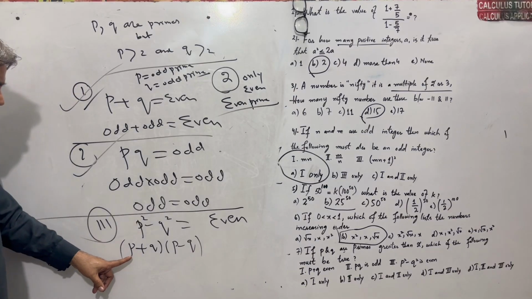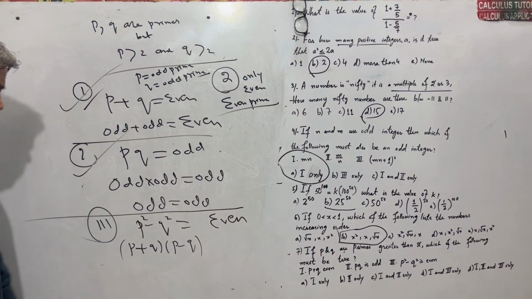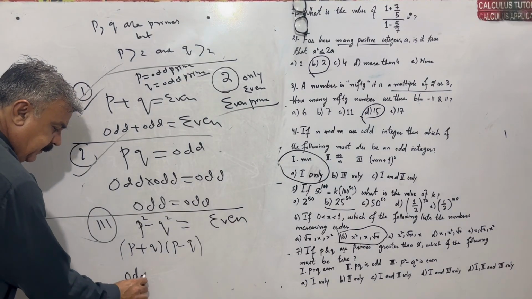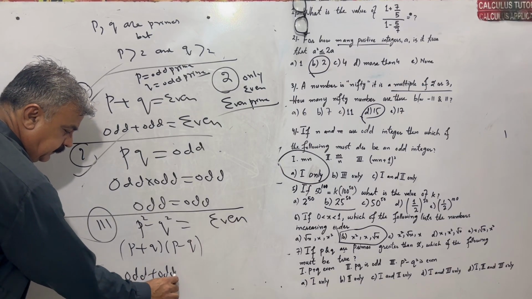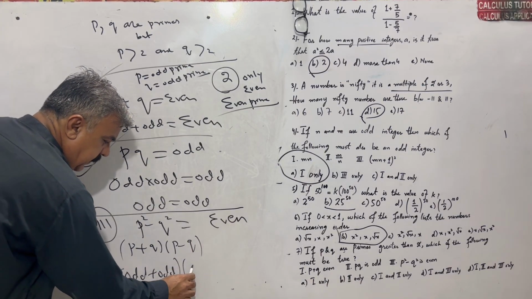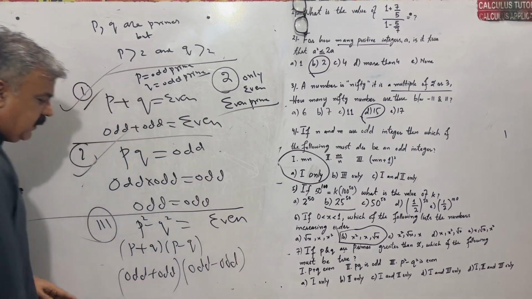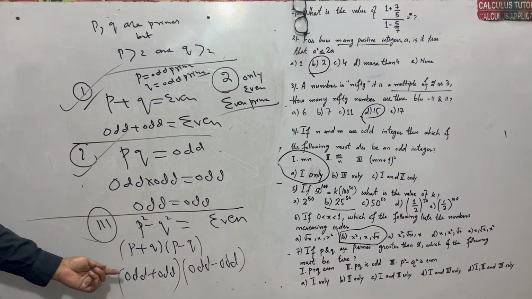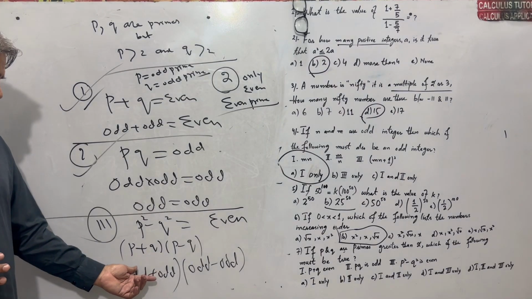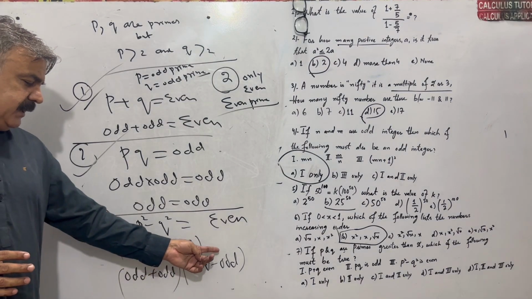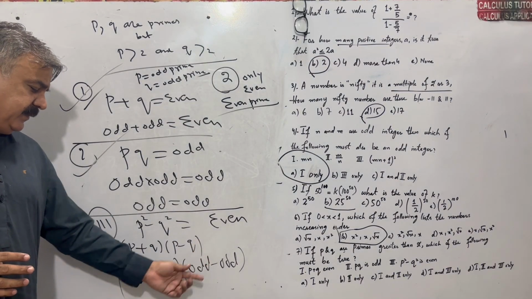Here we go. P is odd. Q is odd. Odd plus odd, result is even. And P and Q are odd, odd minus odd, the result is even. We are done. One can reconcile the fact by taking numbers, 3 and 5. 3 plus 5 is 8. 3 minus 5 is minus 2. So it is even.